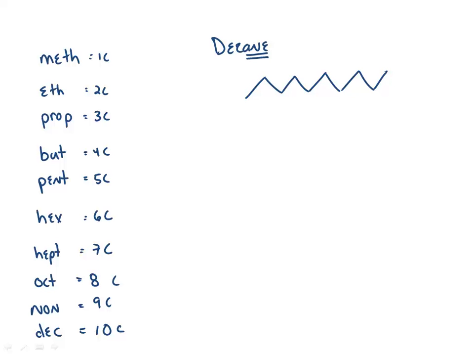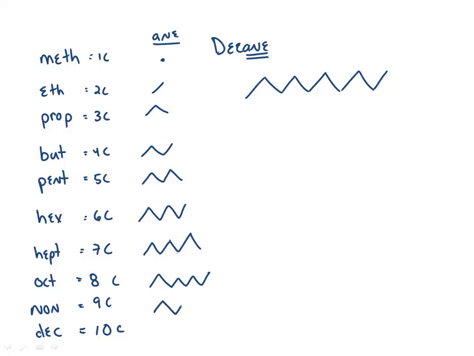And so, if we draw the simplest molecule for each one with the A-N-E ending, that's 1 carbon, 2, 3, 4, 5, 6, 7, 8, 9, 10.